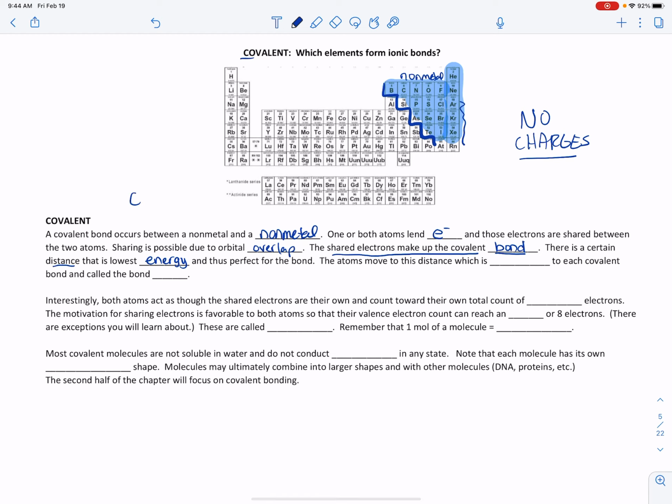So if we're talking about a C-H bond, the distance between those two atoms is completely different than the distance between a carbon and a carbon atom. So it's unique. It's like a perfect distance. Again, you'll see about this in Chapter 5. So the atoms move to this distance, which is unique to each covalent bond, and it's called the bond distance.